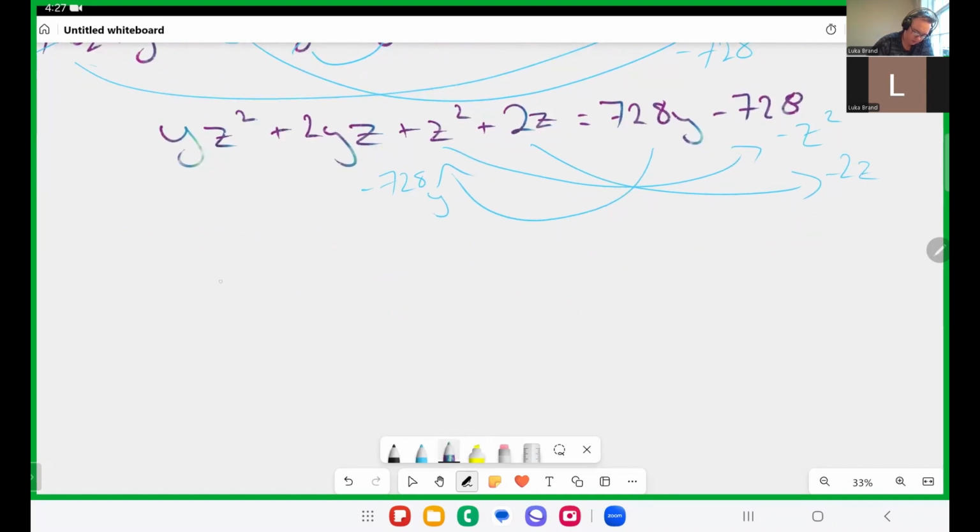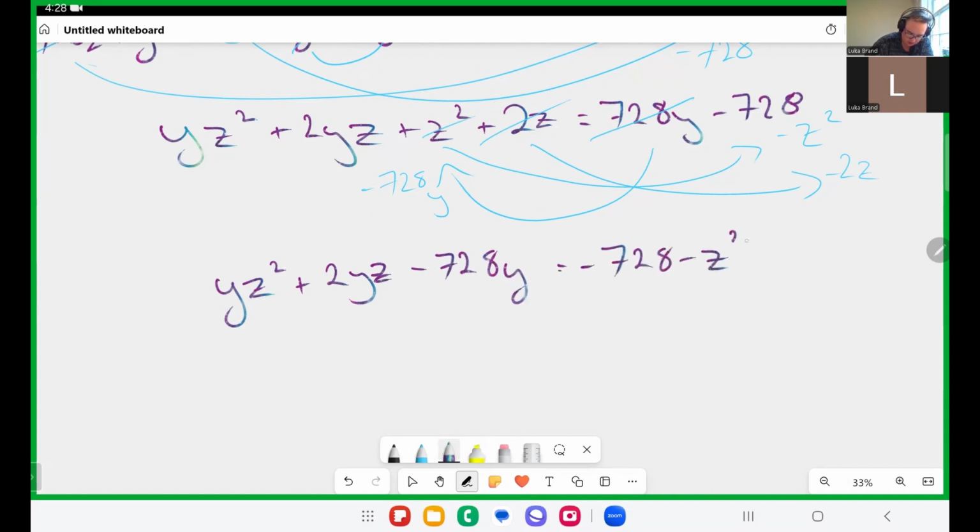Alright. yz squared plus 2yz plus z squared, I just want to cross those out so I don't accidentally include them. Minus 728y equals negative 728 minus z squared minus 2z.